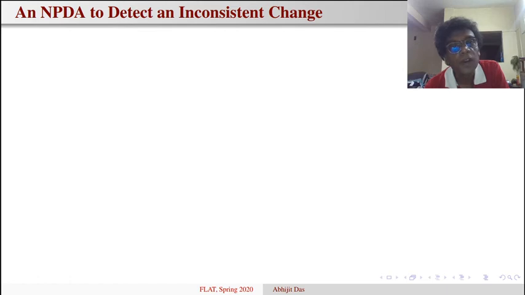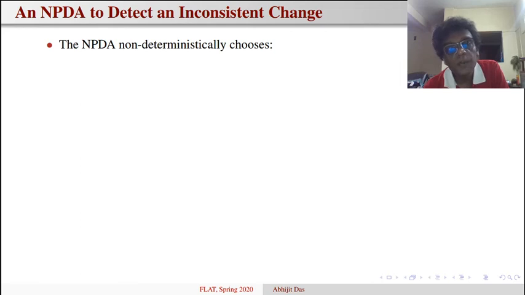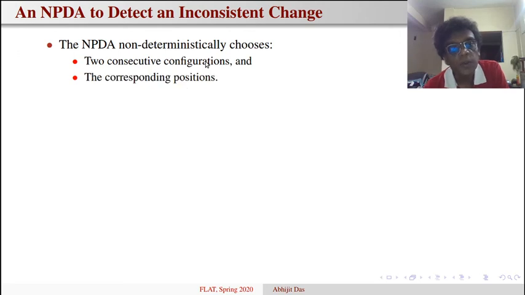So this works as follows. This NPDA non-deterministically chooses two things. First, two consecutive configurations, Ci and Ci plus 1, and the corresponding positions, some positions equidistant from the beginning of these two consecutive configurations.